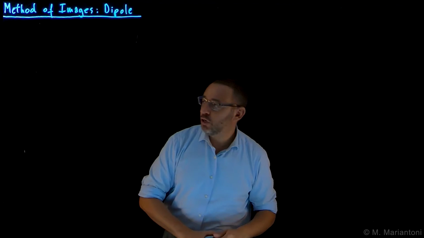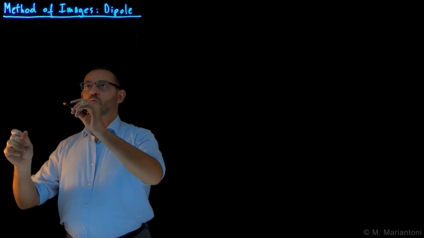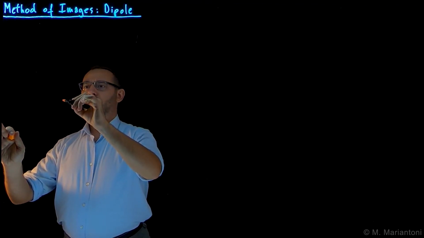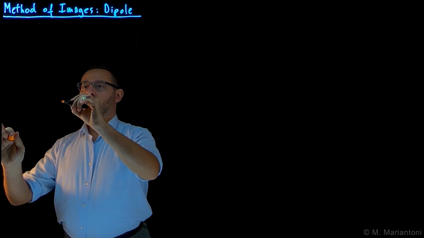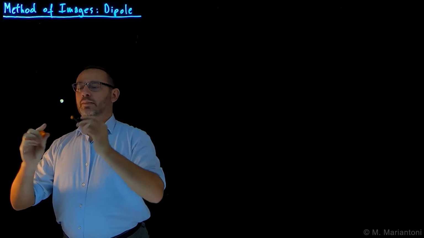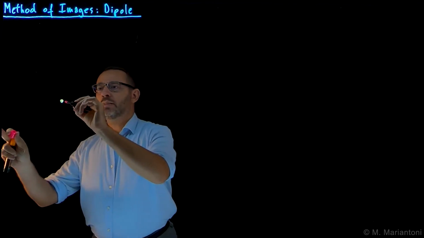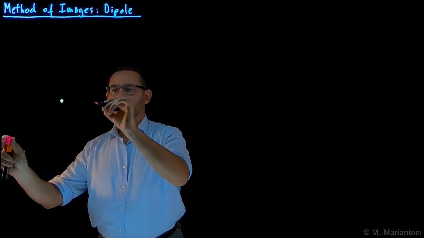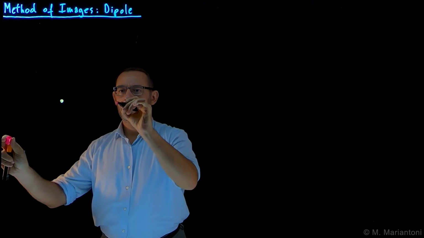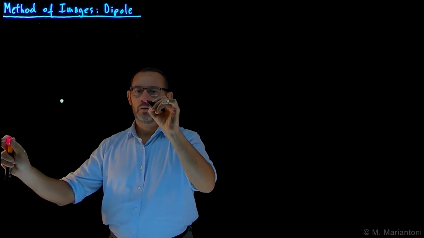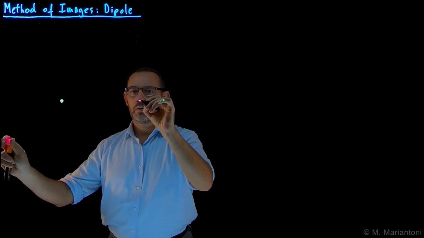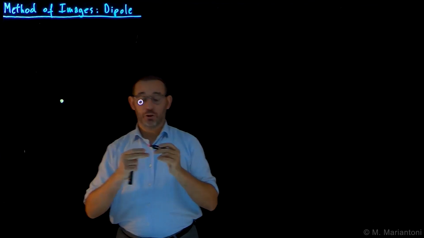Okay, so let's consider that we have a positive charge somewhere here in space. This is my positive charge plus q, and at a distance D from it, there is a negative charge minus q.